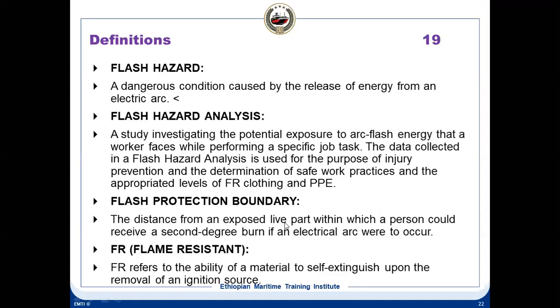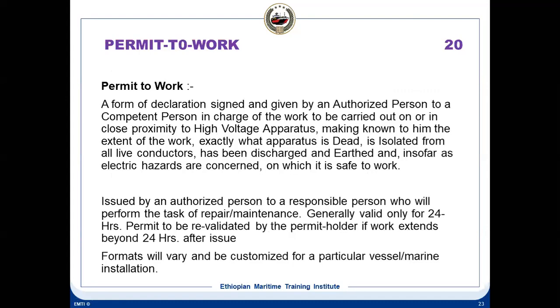Flash protection boundary means the distance from an exposed live part within which a person could receive a second degree burn if an electrical arc occurs. That is called the flash protection boundary. Flame resistant means fabrics with the ability to self-extinguish upon removal of the ignition source.